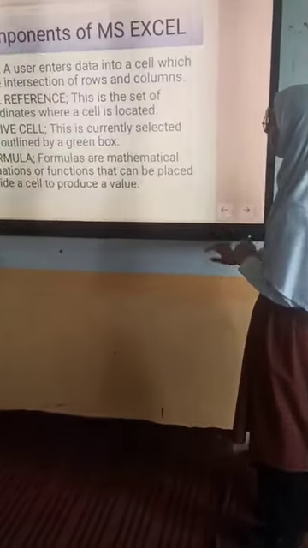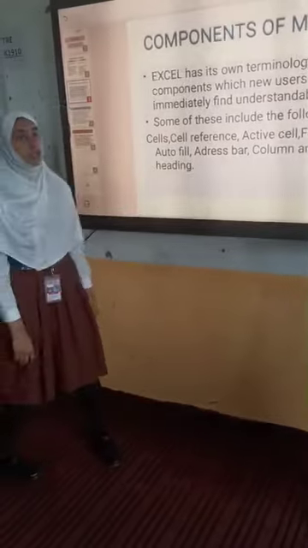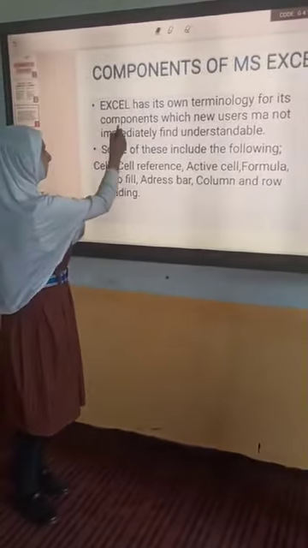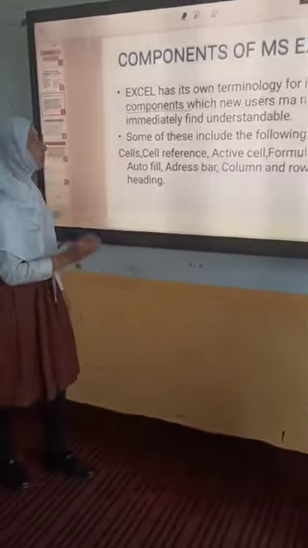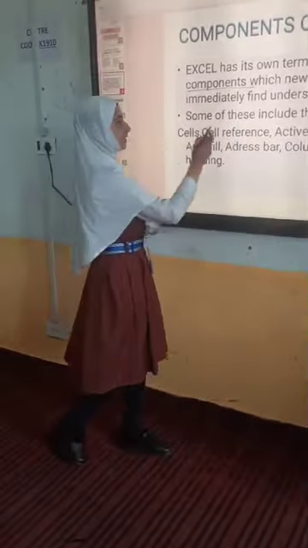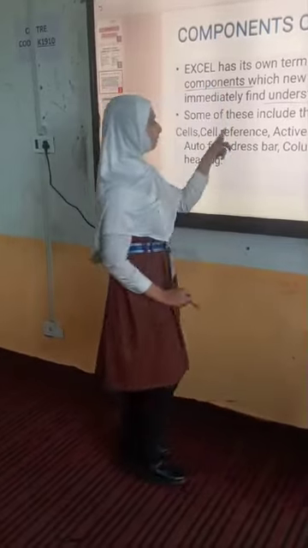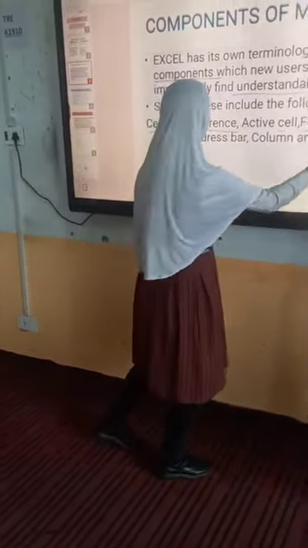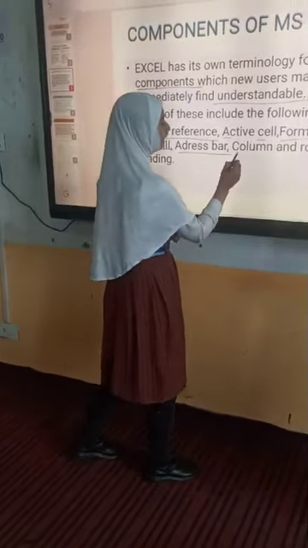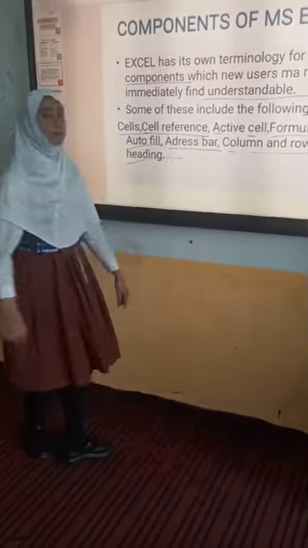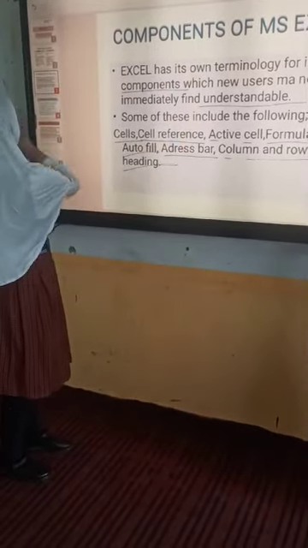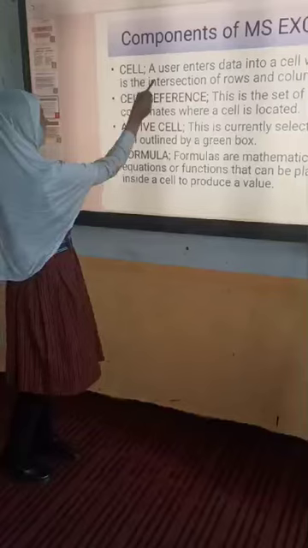Now, components of MS Excel. Excel has its own terminology for its components, which new users may not immediately find understandable. Some of these include the following: cell, cell reference, active cell, formula, autofill, address bar, column and row heading. But today I will only explain some of these. First is cell.